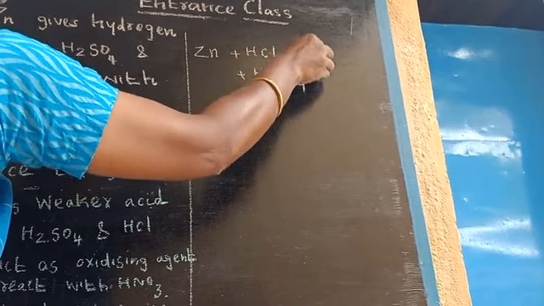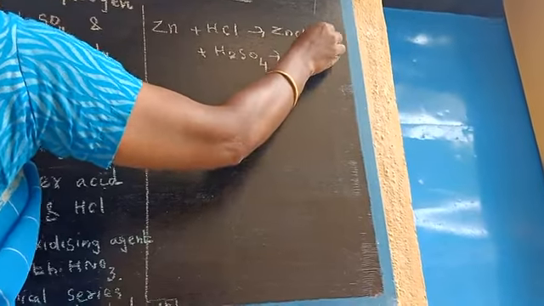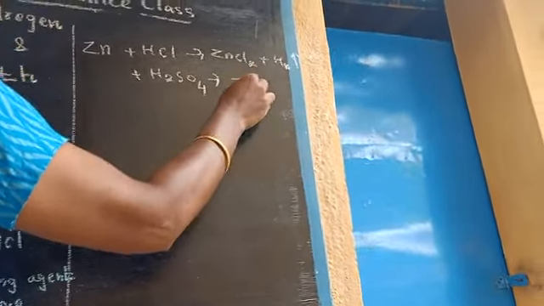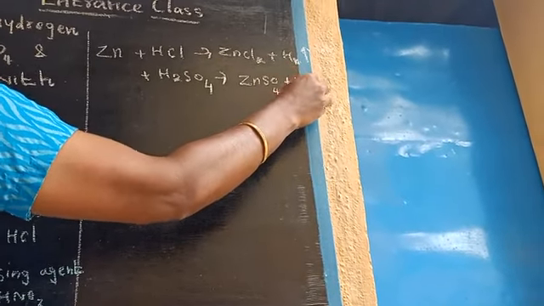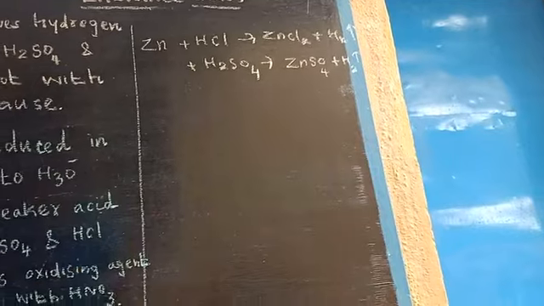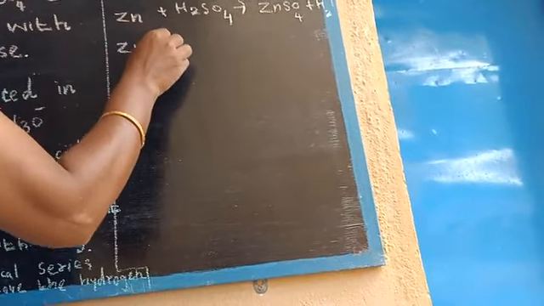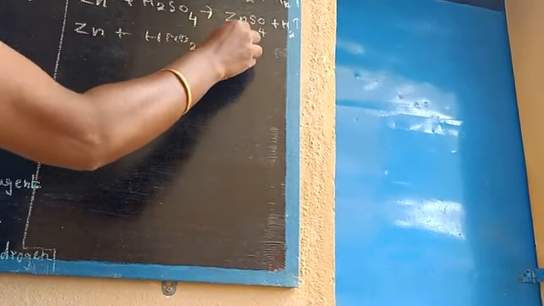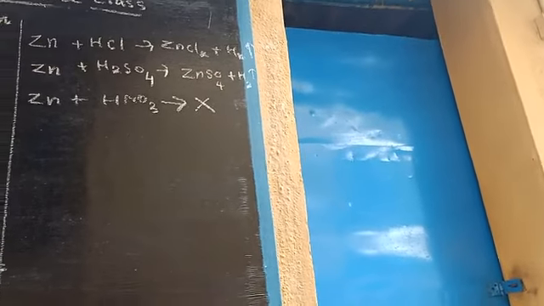We know the products: zinc chloride ZnCl2 plus H2 gas liberated, and ZnSO4 plus H2 gas liberated. But zinc with HNO3 does not liberate H2. Why? They are asking the reason.